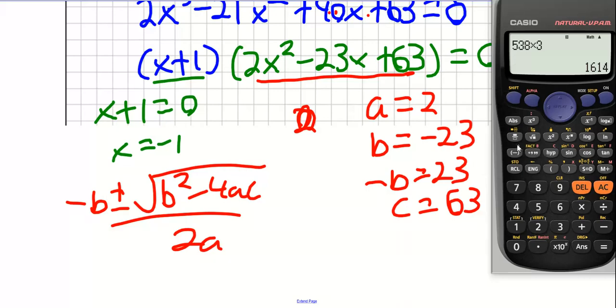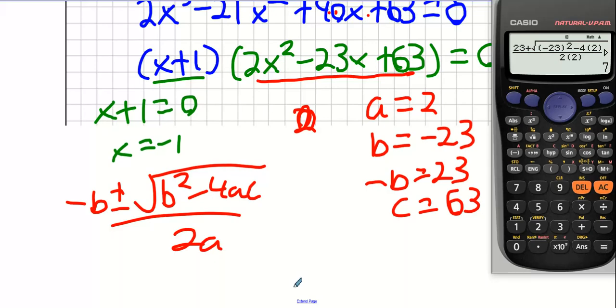Press the fraction button first, minus b is 23 plus, using the plus button first, square root of b squared, so minus 23 squared minus 4 times a, which is 2, times c, which is 63, all over 2a, which is 2 times 2.